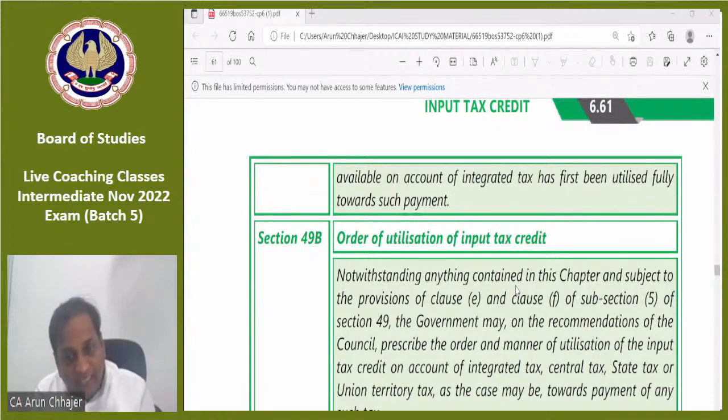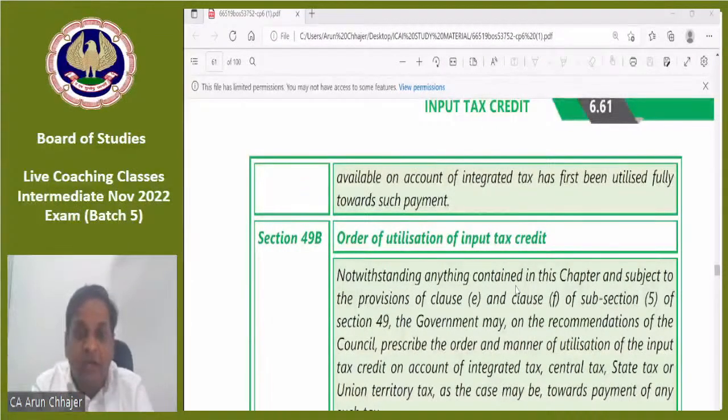Whether S will take first from S or I. Again, the answer according to section 49A is I. SGST will take the ITC of I first, and then it will go to its own tax liability.